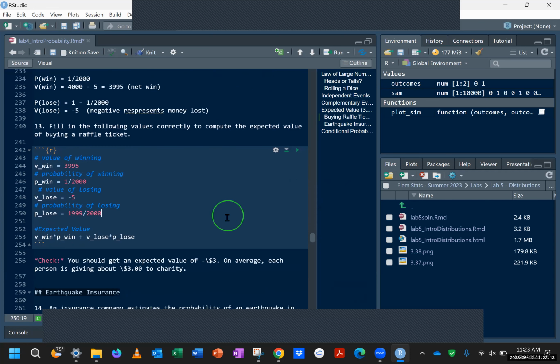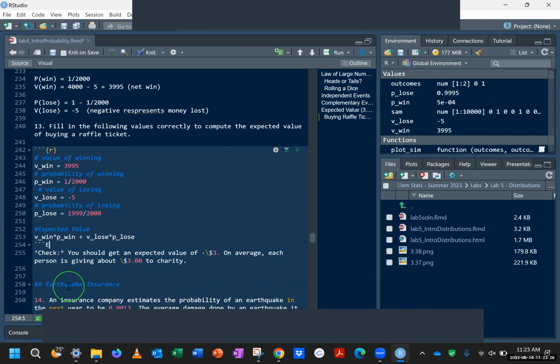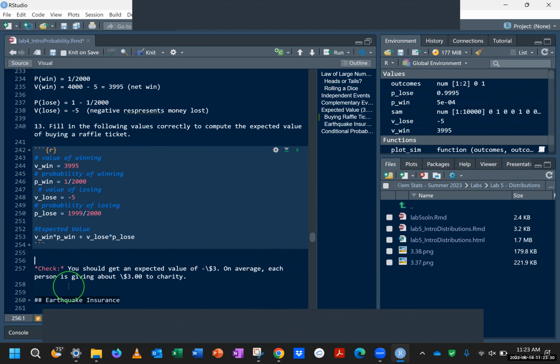Now if I run this code, it'll store all these values and then output this. All these values became something, and now I know my expected value is -3. Since these are butting up against each other, I have to put 2 spaces afterwards, otherwise they will go on a new line.